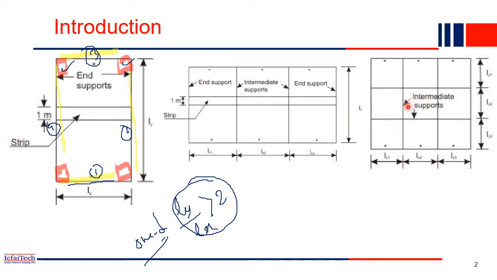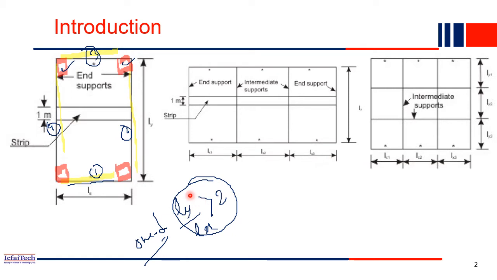If you consider this middle portion, all four sides of this slab are continuous. Whereas the corner slab panels are continuous on two edges, and discontinuous on the other two edges. So depending on where the panel is, whether it is continuous or discontinuous on a side, the beam design will vary. We'll see in later slides how this effect has to be considered.